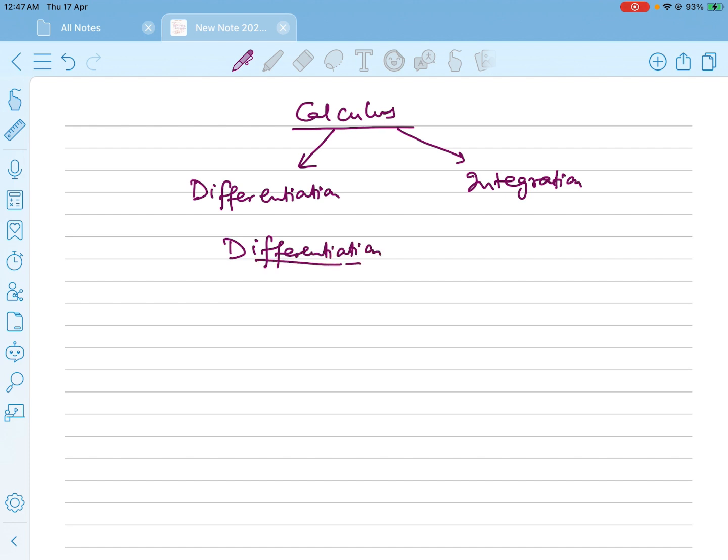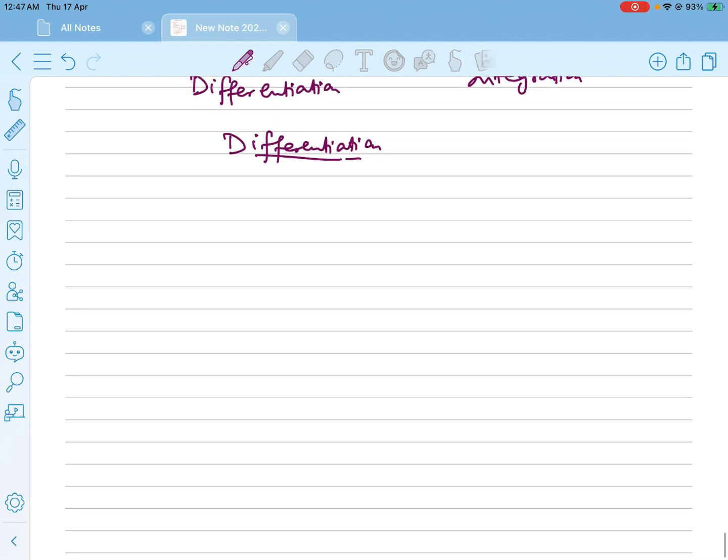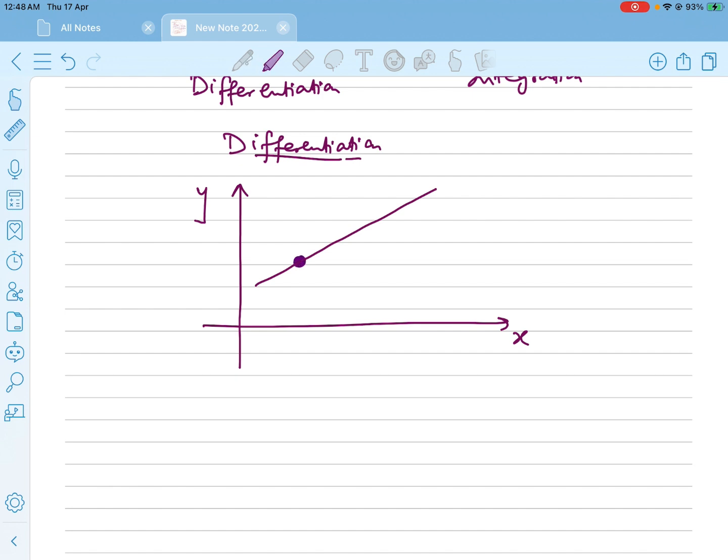Now, as we already know, if we want to find out the slope of a line, we make the axis, I make a line, and I want to find out the slope of this line. So the method which we use is we take 2 points on this line.